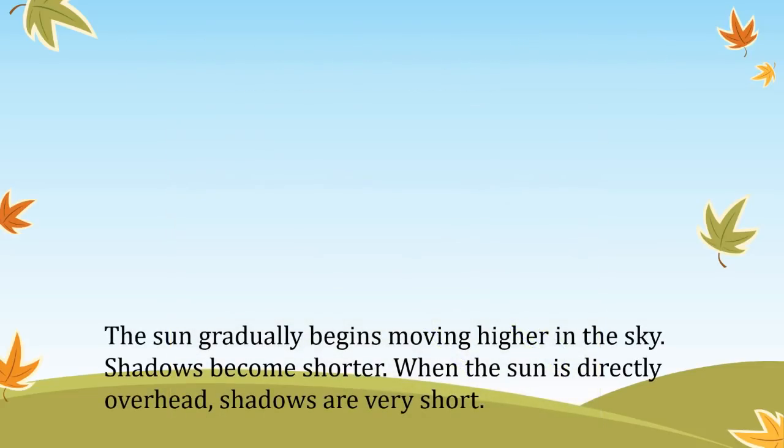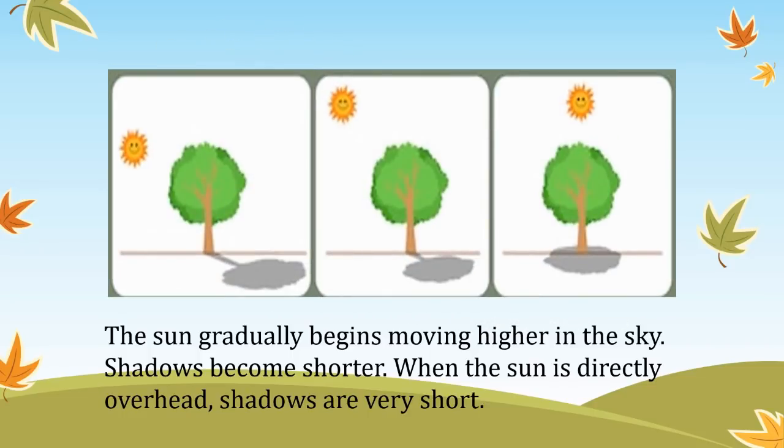the sun gradually begins moving higher in the sky. Shadow becomes shorter. When the sun is directly overhead, shadows are very short. So students, as you can see in the picture, the sun began to move high in the sky and it gets brighter.